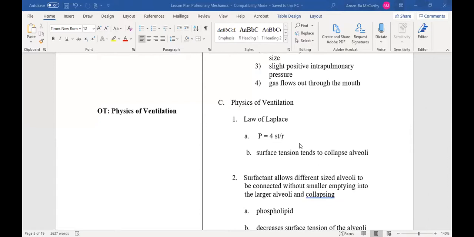All right, this law, which is P equals 4ST divided by R, is surface tension tends to collapse alveoli. Same thing I was talking about with the raindrop, right? Laplace is talking about the surface tension of the alveoli.